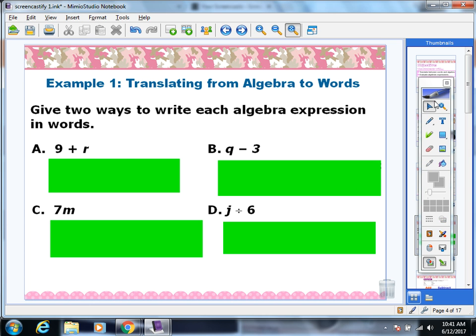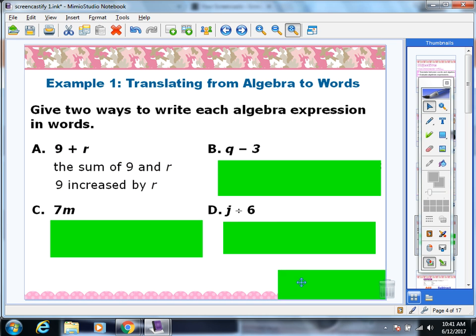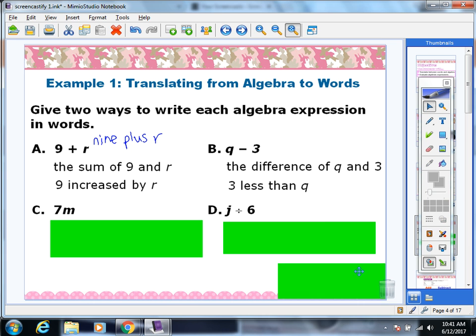So let's see examples of ways to write 9 plus r. I could write the sum of 9 and r, 9 increased by r, or exactly what I just said, 9 plus r. For b, q minus 3. I could say 3 less than q, the difference of q and 3, or q minus 3.